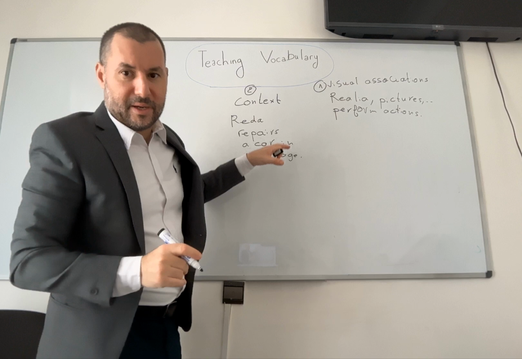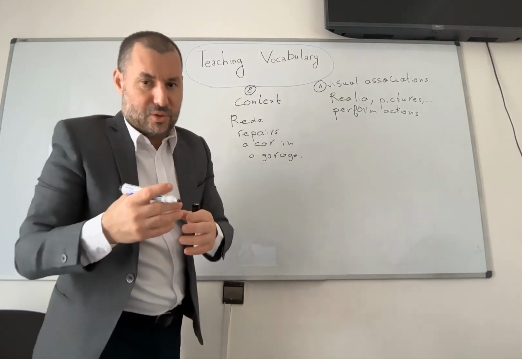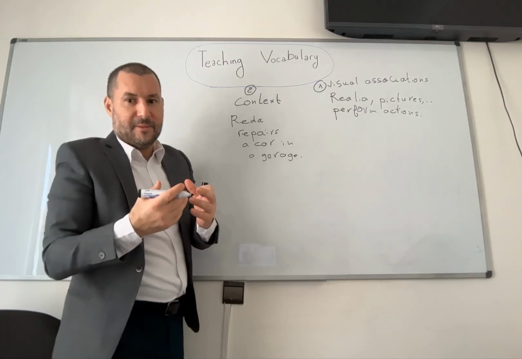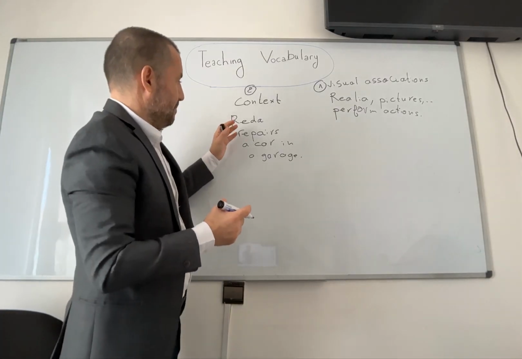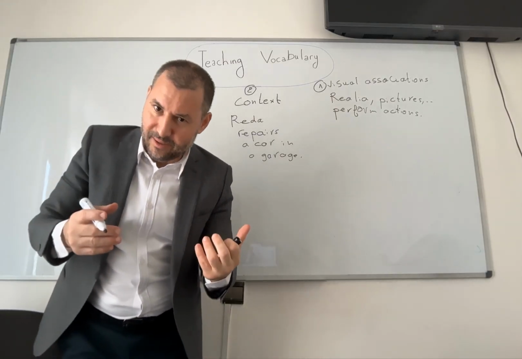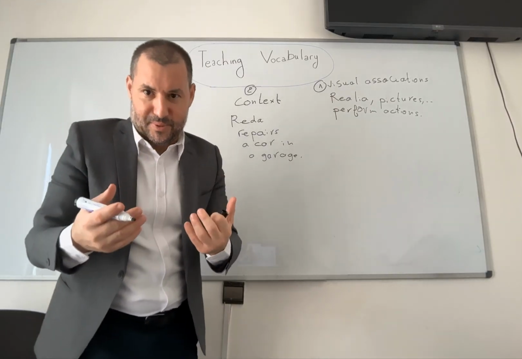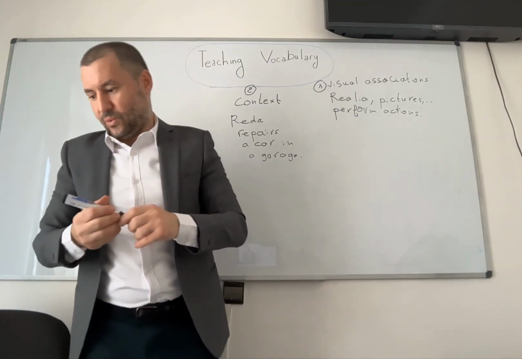So here I'm trying to provide a context to my students, to introduce the word mechanic, for example. All right? So Rida repairs a car in a garage. So he is a, and then I introduce the job. This is how we can create a context to introduce words.